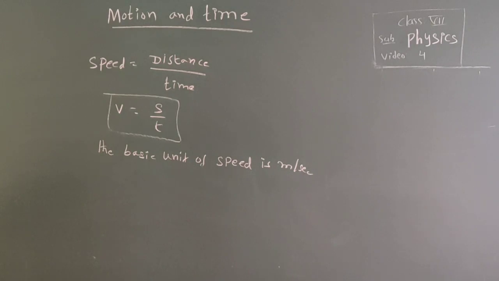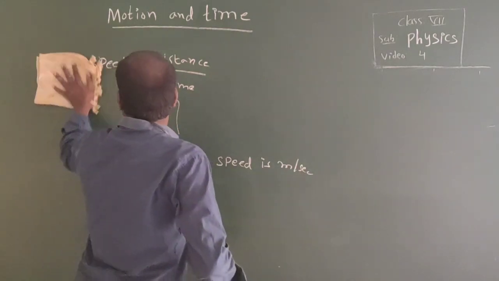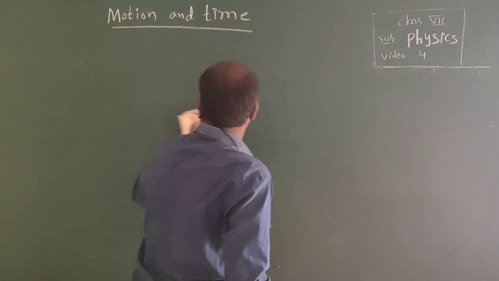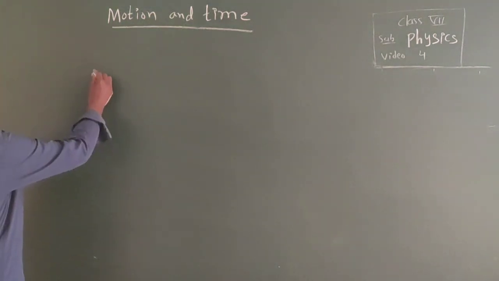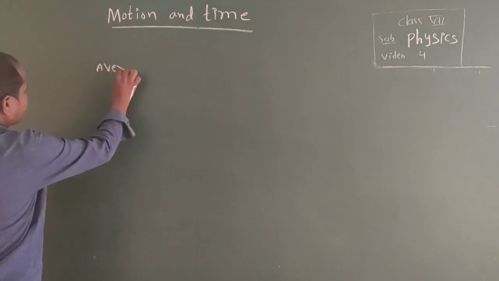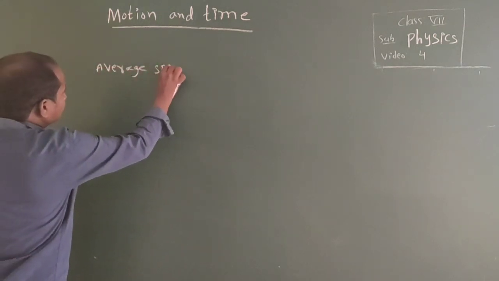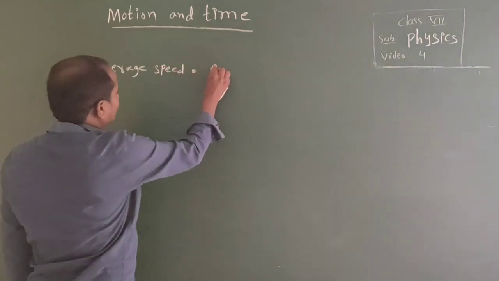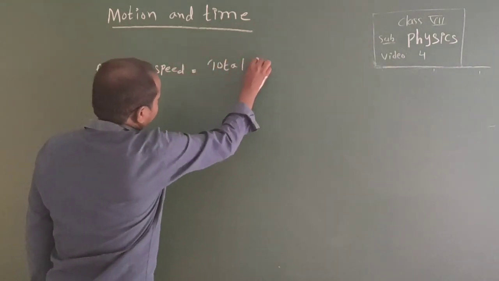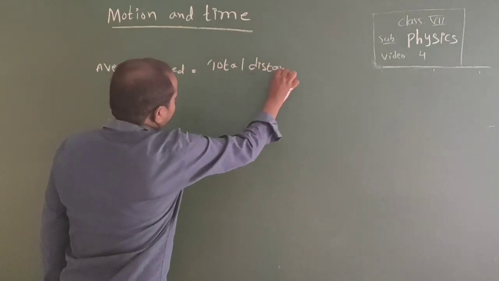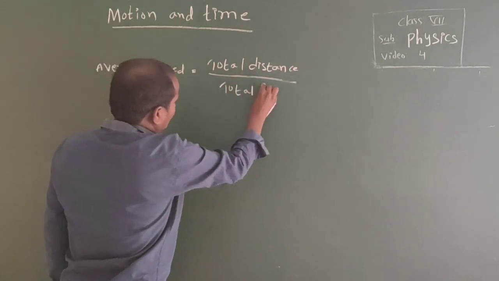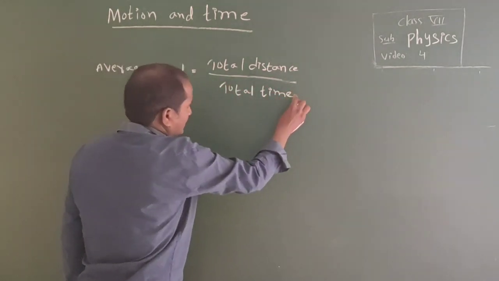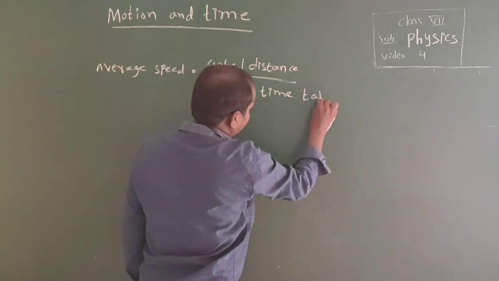How do you calculate the average speed? Average speed is equal to the total distance traveled by the body divided by the total time taken.